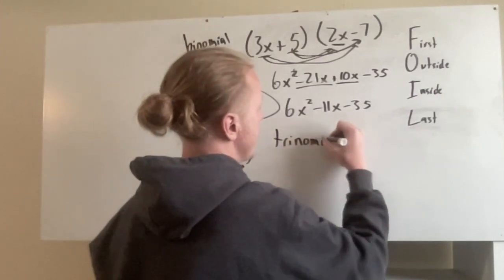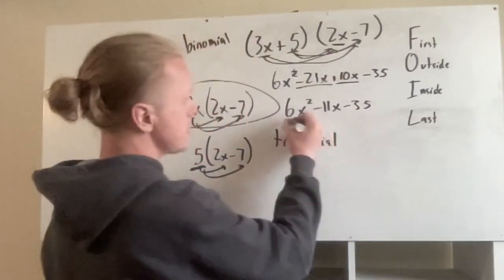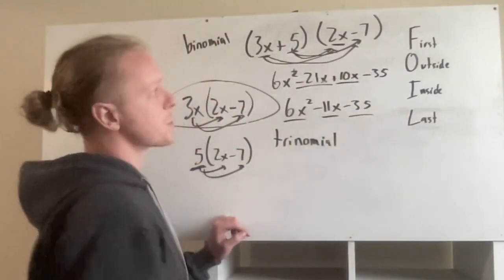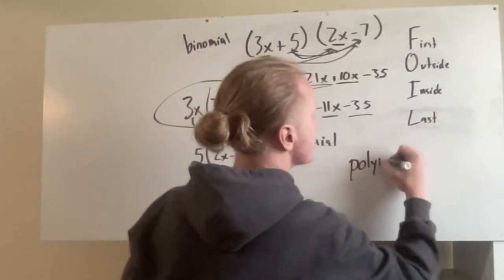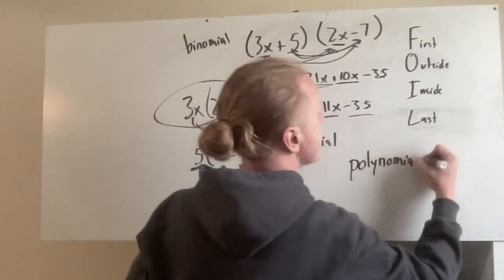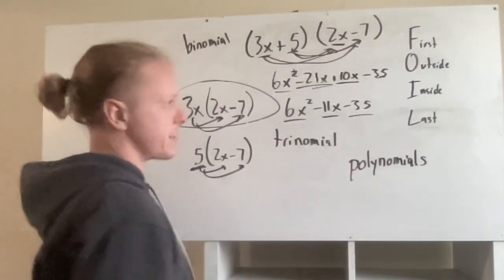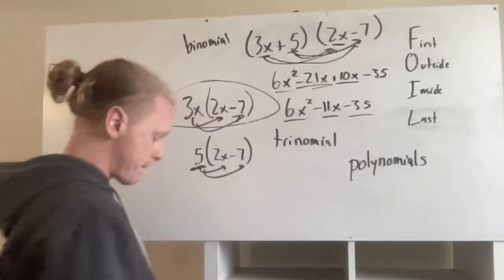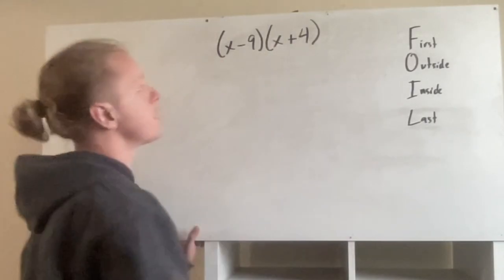Tri meaning 3. And when we talk about these types of expressions in general, we call them polynomials. And in my opinion, the names are not so important, but I do want to make sure that I mention them. All right, so let's take a look at another example of multiplying two binomials together.